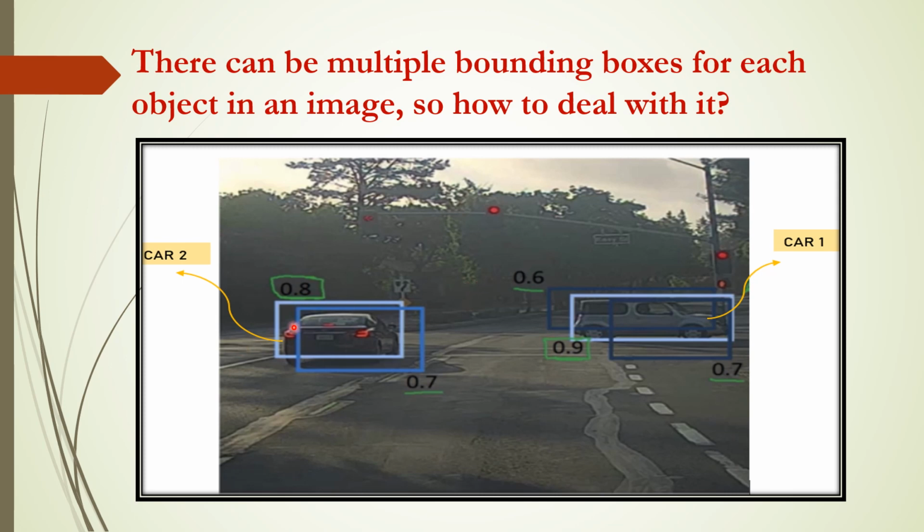So how does non-maximal suppression work? First, it looks at the probabilities associated with each detection for a particular object. It takes the largest PC, which is the most confident detection for the object. Having done that, it looks at all remaining bounding boxes and chooses those which have a high intersection over union with the bounding box of highest PC, and suppresses them.